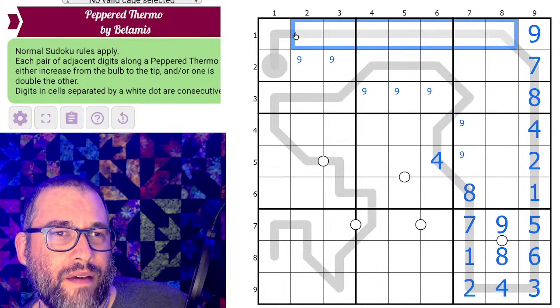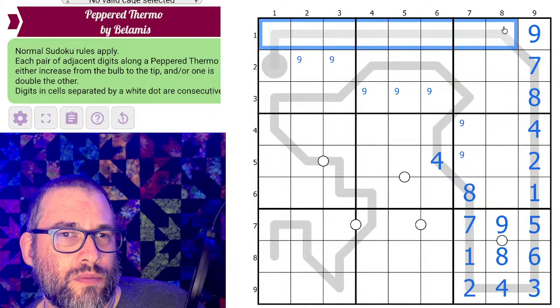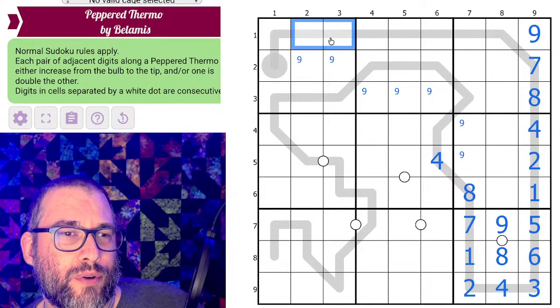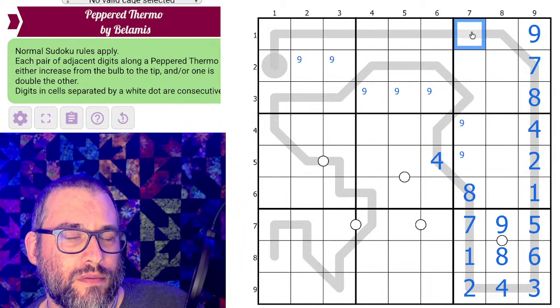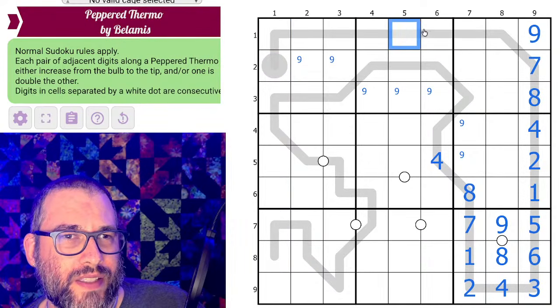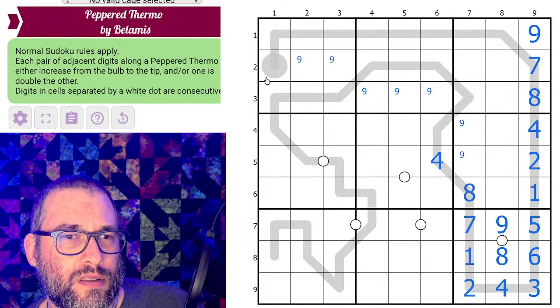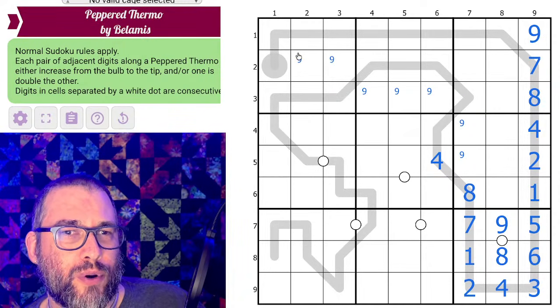Well, we have to have an 8 in the row. So it's going to have to go 8, 4, 2, 1 at some point. But I don't know that we could really say when it does that. We'll probably get, yeah, 7, 8, 4, 2, 1.